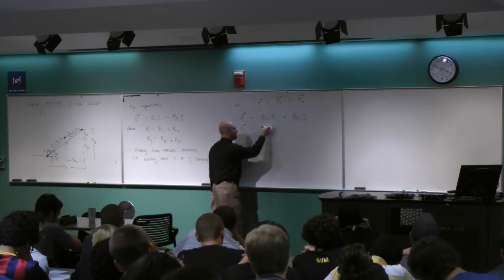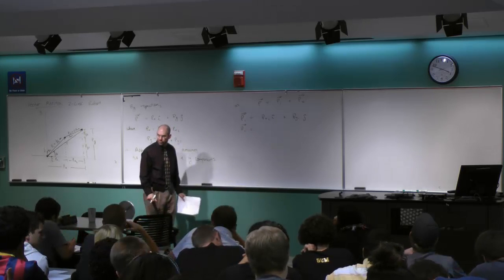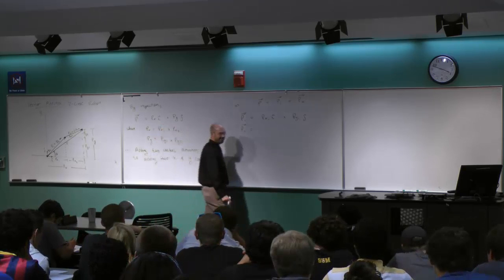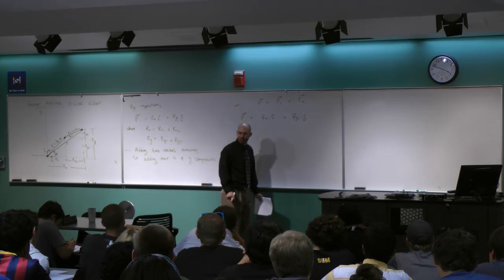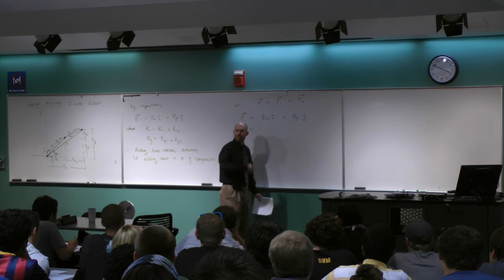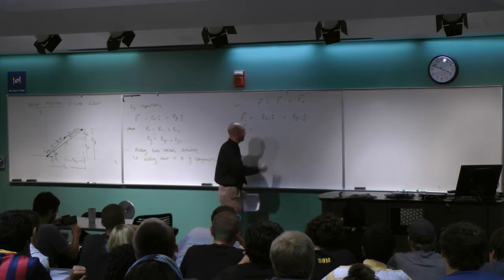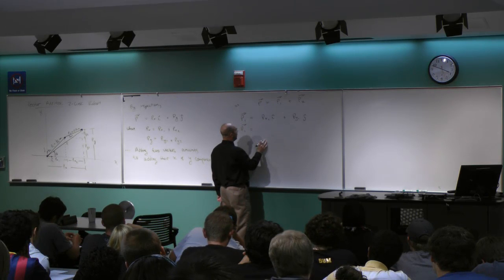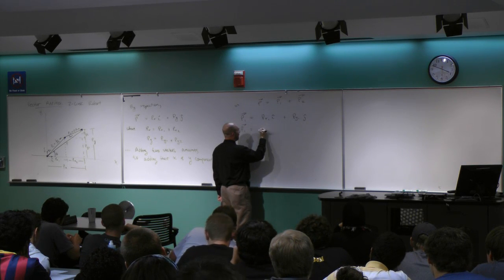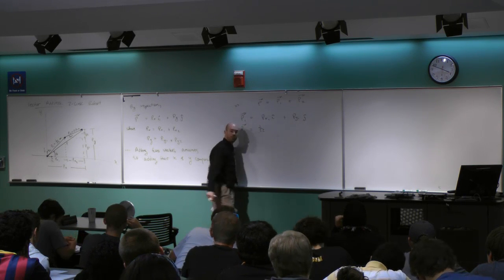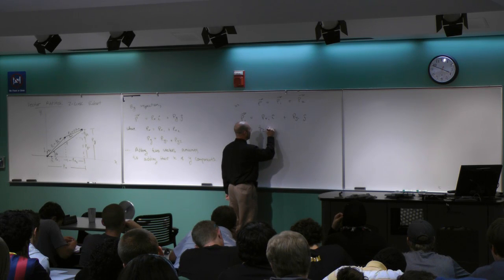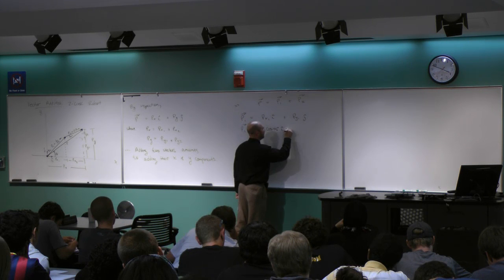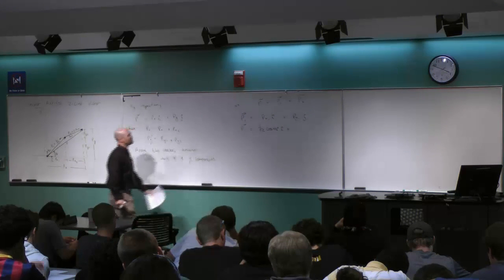Px1 would be the magnitude times what? Sine or cosine? This is 45 degrees, so it doesn't matter. But in general, if I have an angle relative to the x-axis, the x component is the cosine. So px1 will be the magnitude P1, which is 1 over root 2, times the cosine of 45 degrees, i.